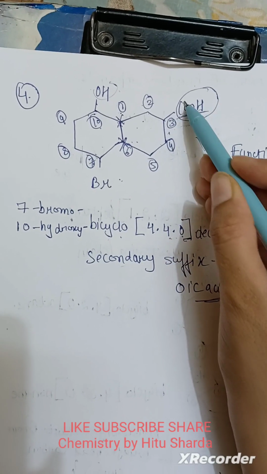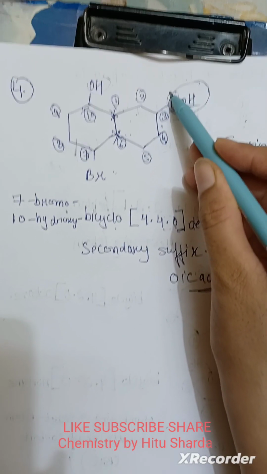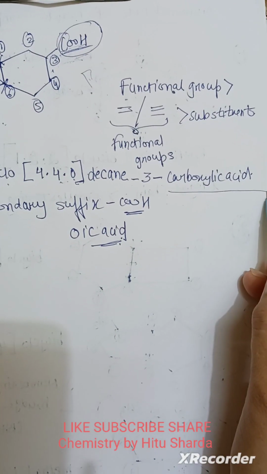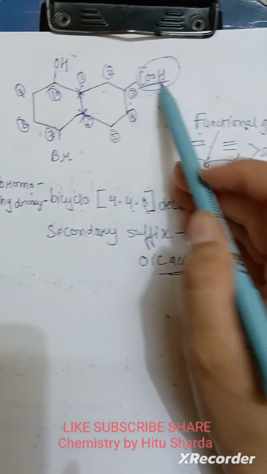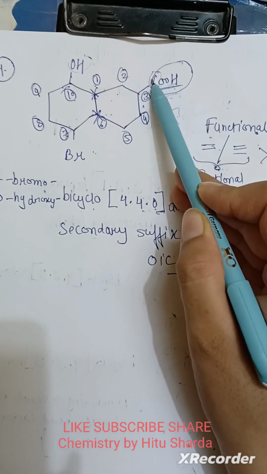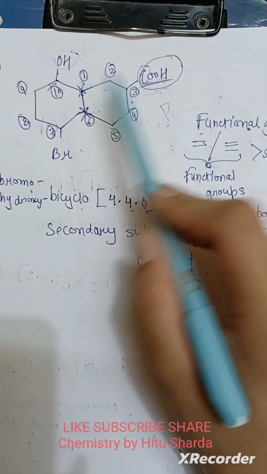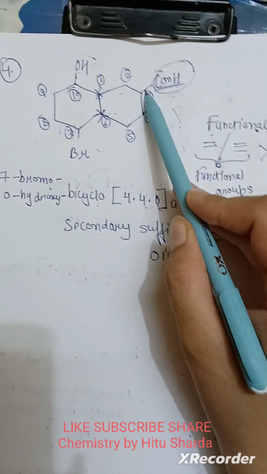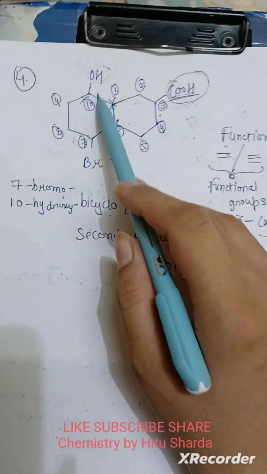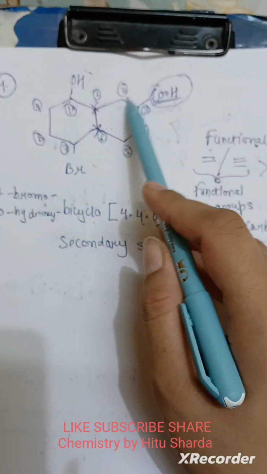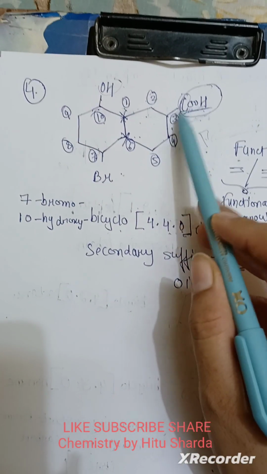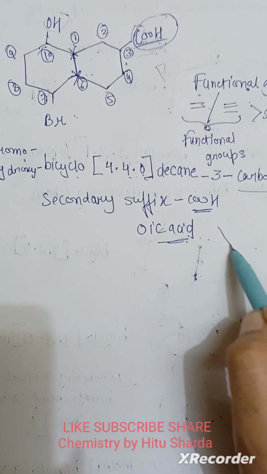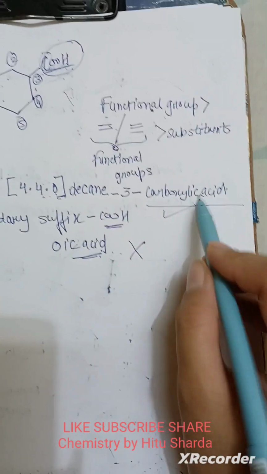Here we haven't included this carbon in the chain, so in that case we will write the full name, that is carboxylic acid. If this carbon was included, as in usual IUPAC nomenclature, we include this carbon, but in the case of bicyclic compounds we move from the largest chain to the smallest chain, and in this case this carbon was not included, so we will not write oic acid, but we will write carboxylic acid.